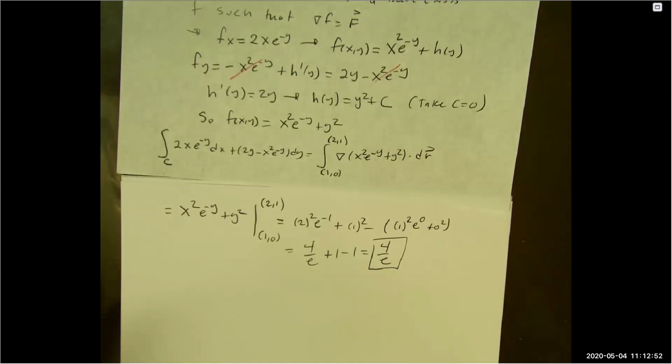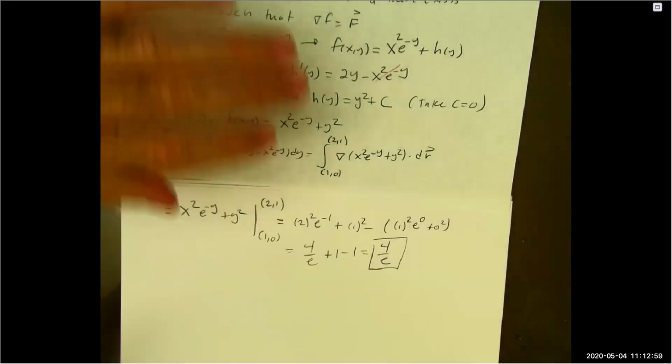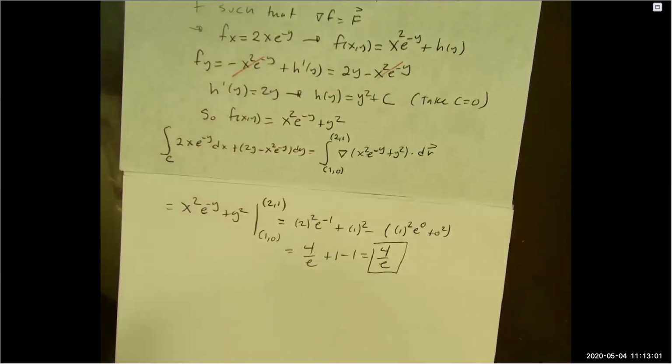All right, so I would like to work this integral in a different way. So the integral is independent of path. And so what that means is that any path from the point (1, 0) to (2, 1) should give me the same answer.